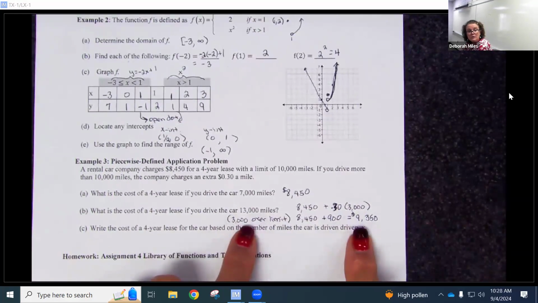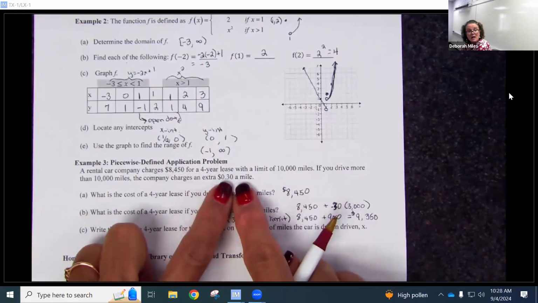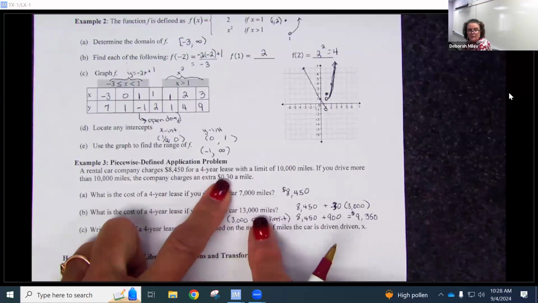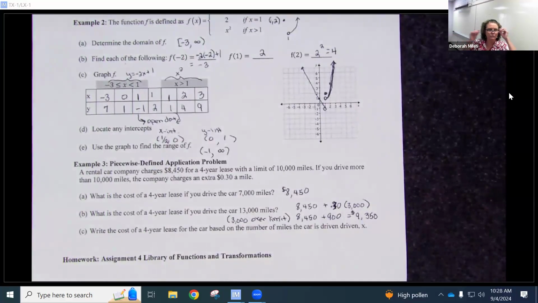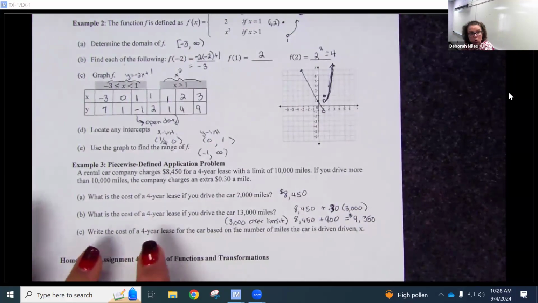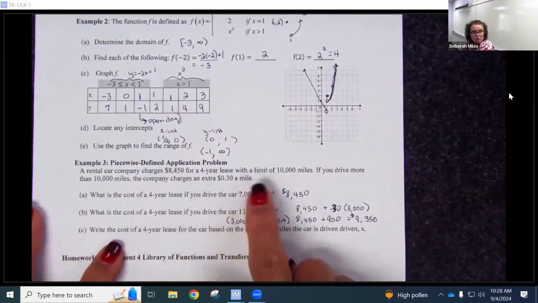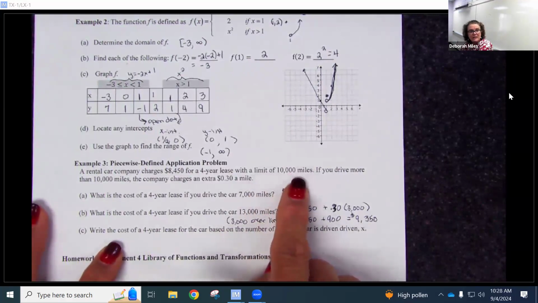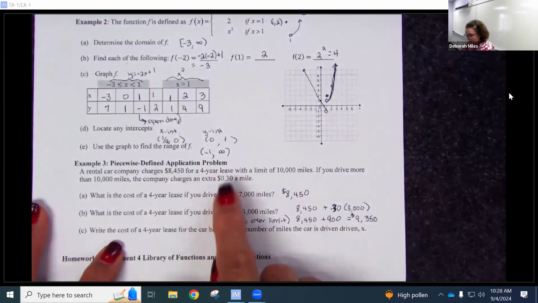It's important to notice you don't pay that extra mileage fee for all the miles you drive, just the miles over 10,000. So you have one expression for up to and including 10,000 miles. You have a different expression if you drive over that.